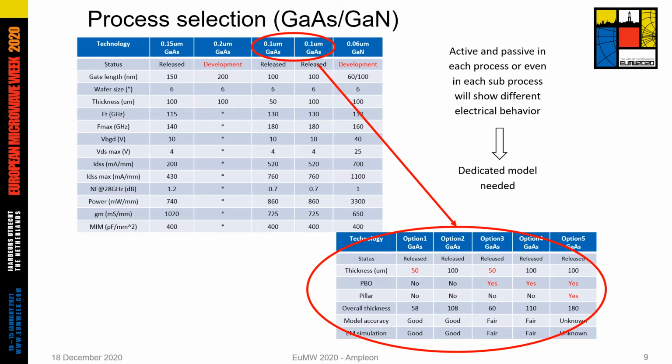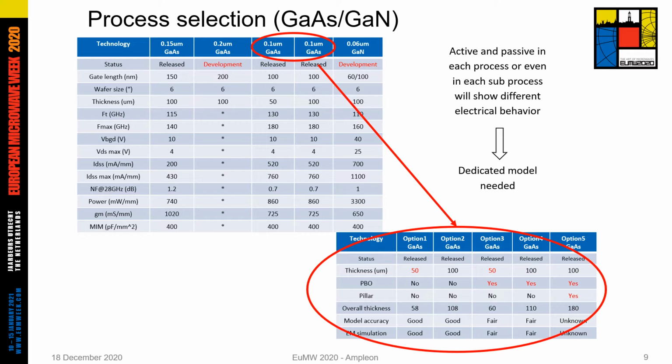For example, I listed here some advanced technologies in gallium arsenide and gallium nitride. And as you can see, even if we choose 100 nanometer gallium arsenide as advanced, with two different wafer thicknesses, we can come up with 5 options with different wafer thickness and different protection layers on the top or pillars, which have a direct effect on the models and the simulation environment.